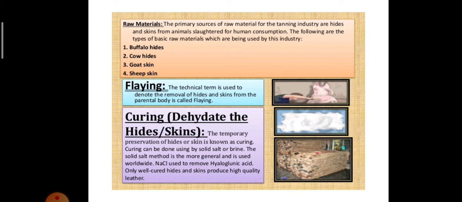The temporary preservation of hides or skin is known as curing. Curing can be done using solid salt or brine. The solid salt method is the more general and is used worldwide.